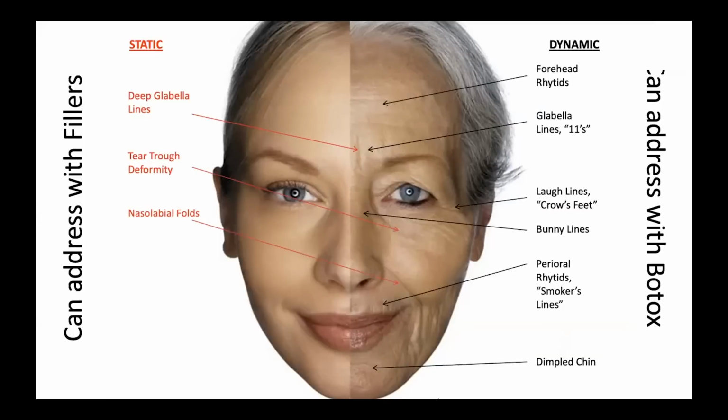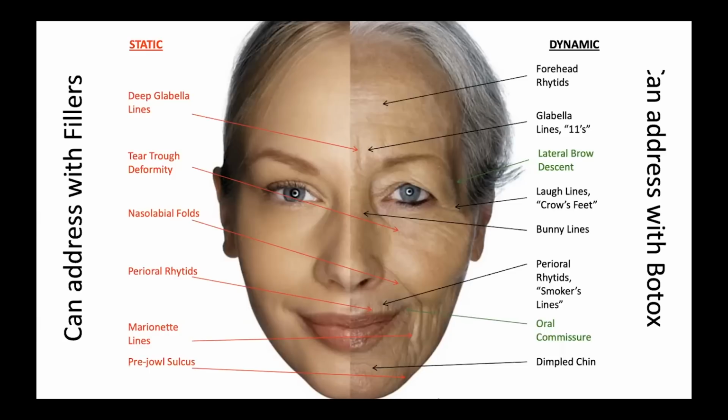We can fill the tear trough deformity, nasolabial folds, the perioral rhytids, marionette lines, the jowls. But we can also lift tissues with Botox. The lateral descent of the brow, we can treat with some Botox to the orbicularis there. We can treat the downward turned corner of the mouth with some Botox. I would say for lifting, though, fillers probably do the bulk of our job.